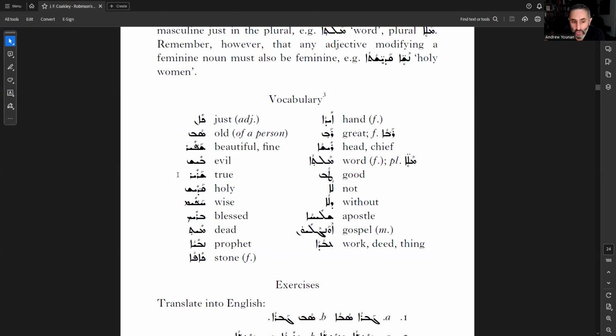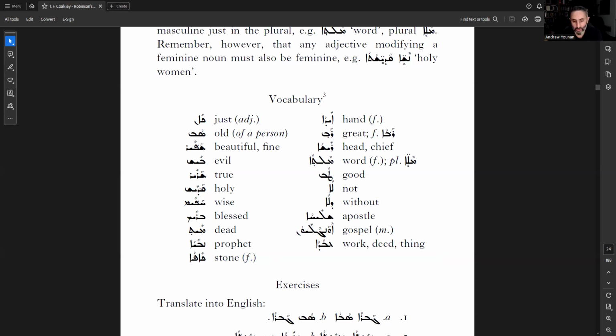Sharir, Sharira is true. Qaddish, Qaddisha is holy. So what I'm doing is reading the absolute state, Qaddish, and then giving you the emphatic state, Qaddisha, with all of these. Hakim, Hakima, wise. Brich, Bricha, blessed. Mith, Mitha, dead.